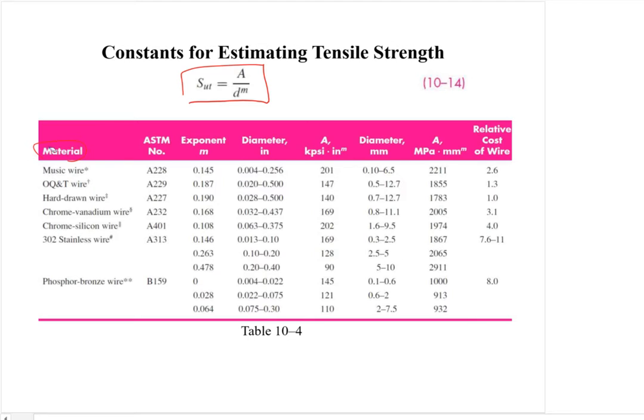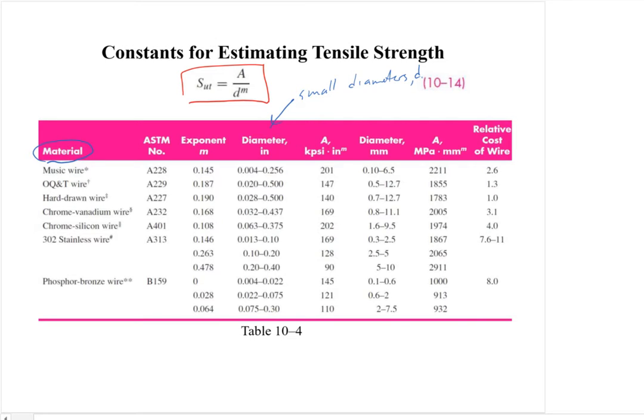Let me pick a different color. Since they're using red, I'll use blue. So based on a material and the diameter, you get a diameter range. These are considered small diameters. Lowercase d, these are wire diameters.